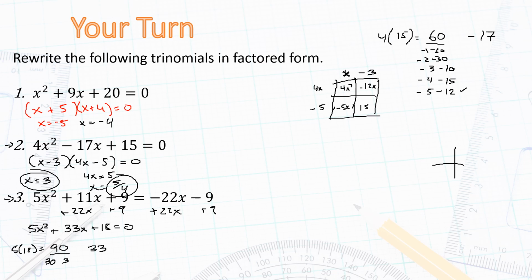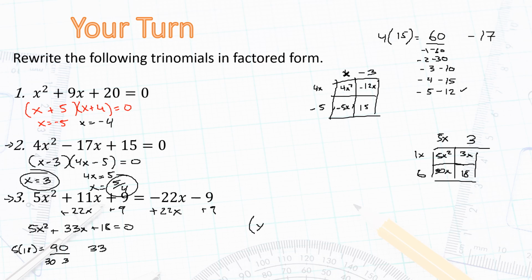So get my box out. We got 5x squared. Remember, the new number goes in here, so it's 18. And then we've got 30x and 3x. 5 times 1, 1x times 3 is 3x, and 5x times 6 is 30x.